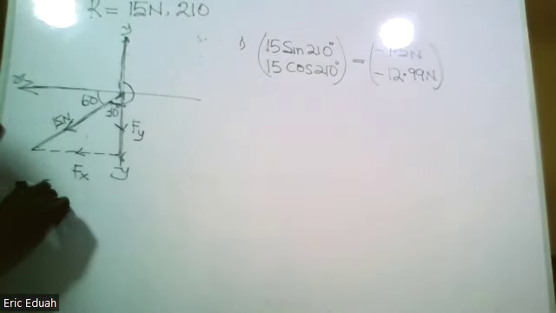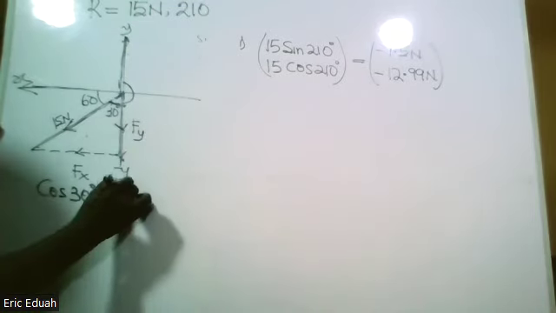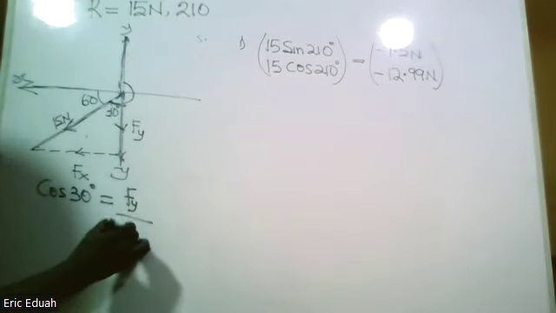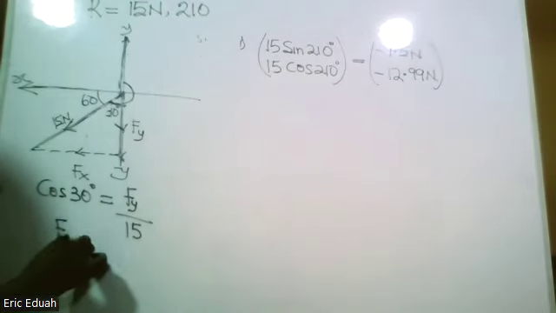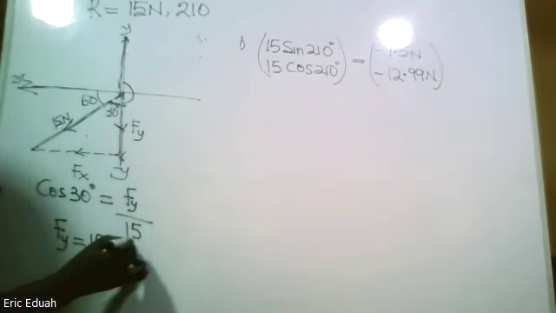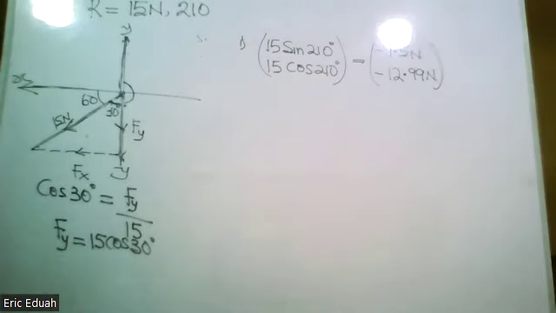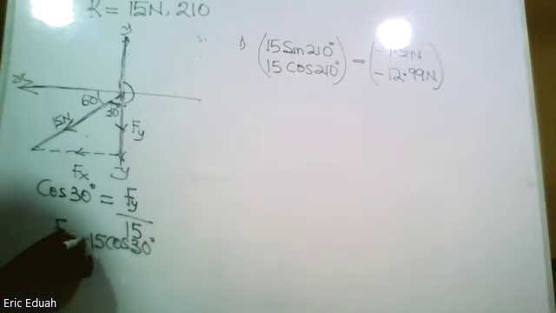So cos of 30 degrees is equal to Fy, which I don't know, over the hypotenuse 15. Fy is equal to 15 cos 30. Now, is Fy positive or negative? From what we have, Fy is along the negative y-axis. So put that there.